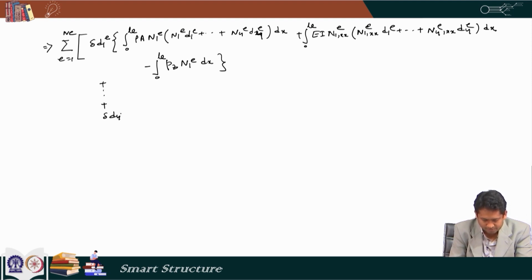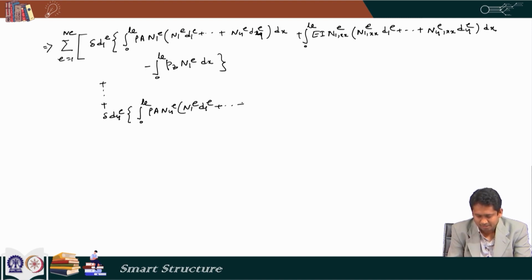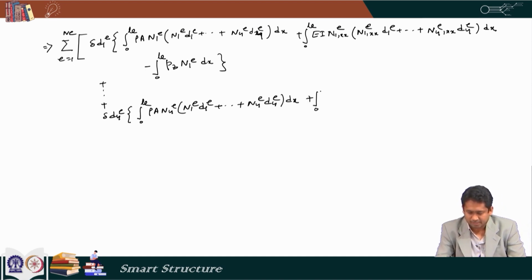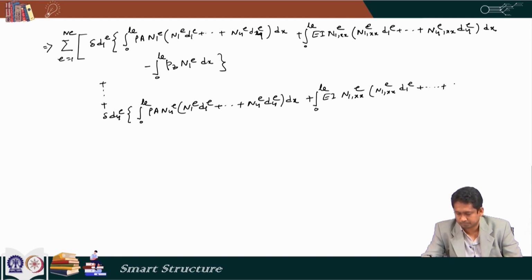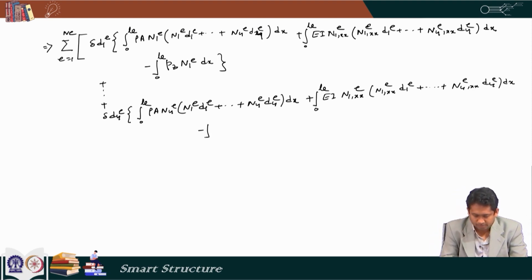We write till the last term which is delta D4, and here we have rho A N4E multiplied by N1E D1E plus again up to N4E D4E, dx, and then 0 to LE EI, where we again multiply N4E comma XX with these terms, and then we have here PZ N4E dx, and that is equal to 0.